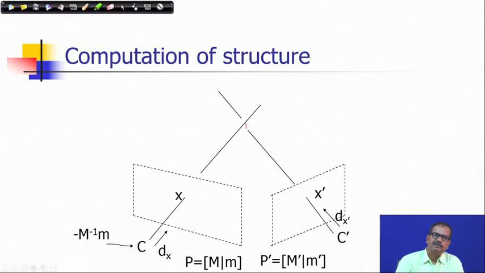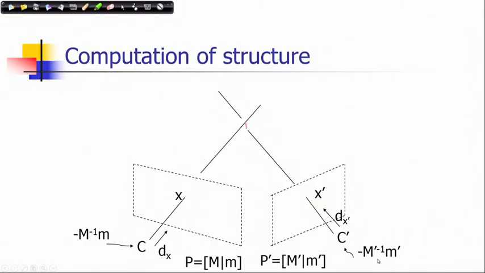So, minus M inverse m would be the center C, minus M prime inverse m prime would be the center of the second camera, minus M inverse x is the direction cosine of the projection ray of the first camera, and minus M prime inverse x prime is the direction cosine of the second camera.